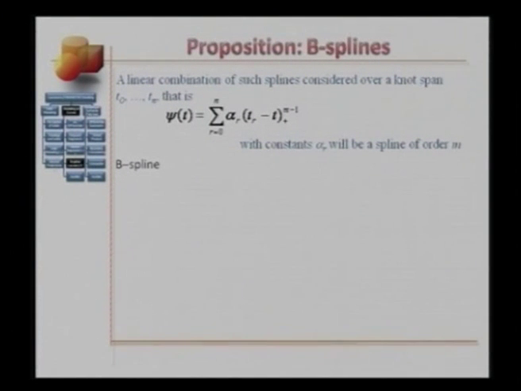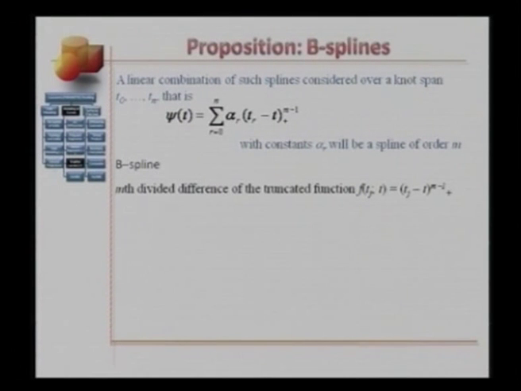A B-spline basis function is the mth divided difference of the truncated function f(tj : t), which is equal to (tj minus t) truncated raised to m minus 1. If you're finding it a little difficult to understand this, replace tj by s.